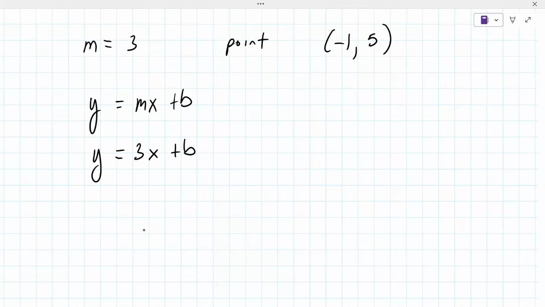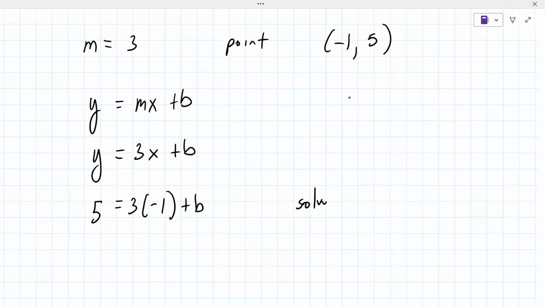What is the value of y from the ordered pair here on the right? 5. Which one is x? What's the value of x? -1. Okay.